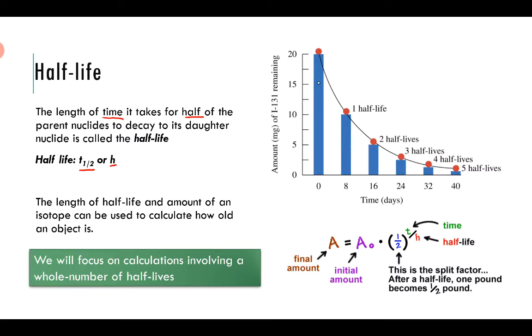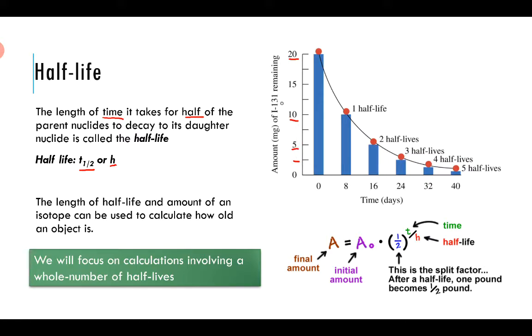So in this graph, you can see that initially you start off with 20 milligrams of iodine 131. When one half-life has happened, you have half that much, which is 10. Then 1/2 of 10 is 5. And so that's a second half-life, when you reach 5. And then half of 5 is 2.5.